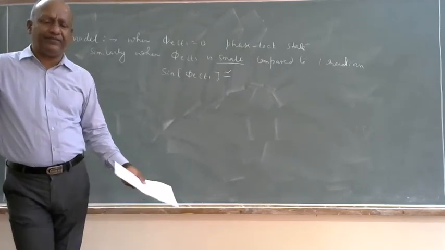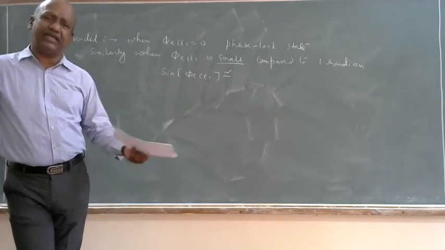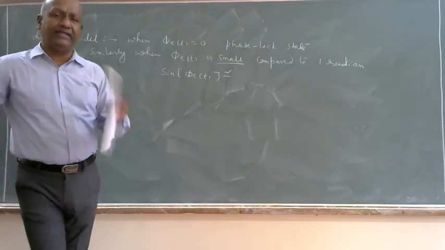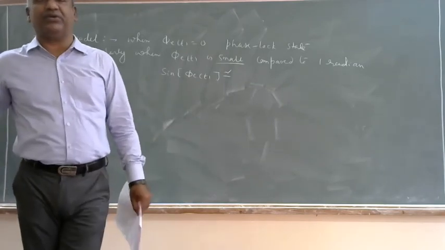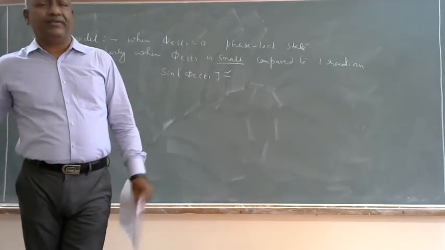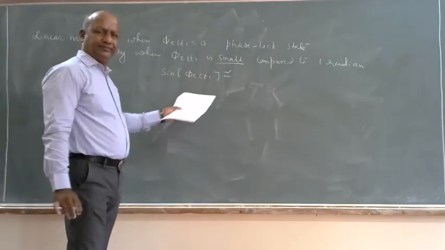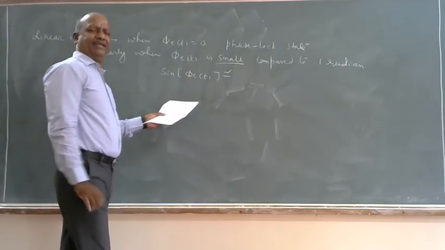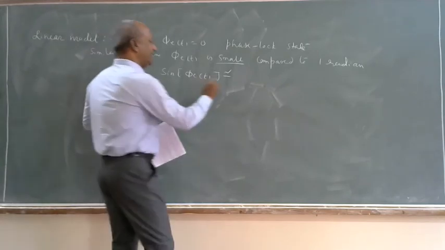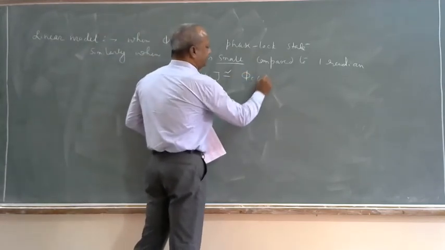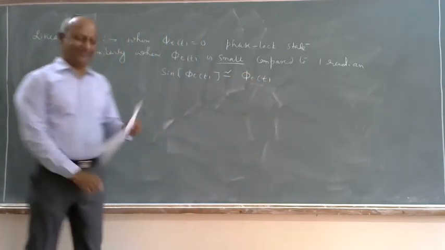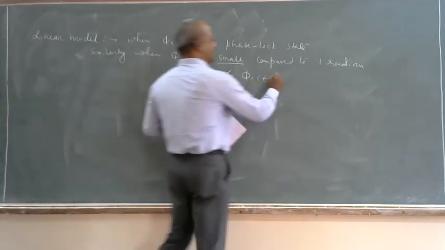Theta is not going to become 0 but is approaching 0. The answer is phi of t only. Take this as equation 9.